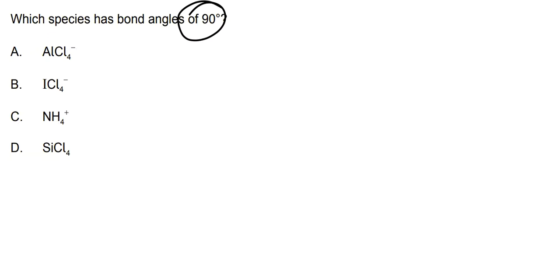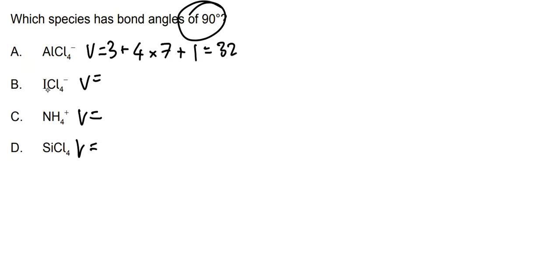So let's draw out aluminium tetrachloride, or whatever it's called. First we need to find V, the number of valence electrons in each of these. Aluminium has 3, and we have 4 times chlorine, which has 7, plus a negative charge, so we add that: 28 plus 4, which is 32.